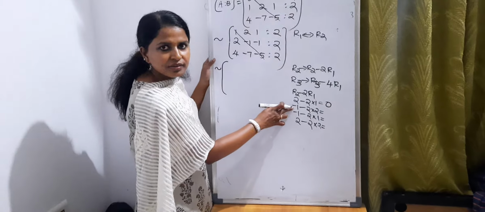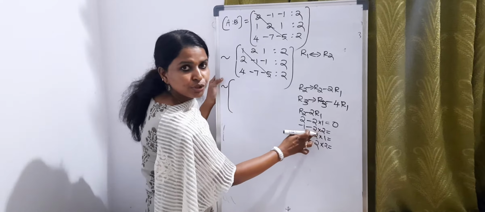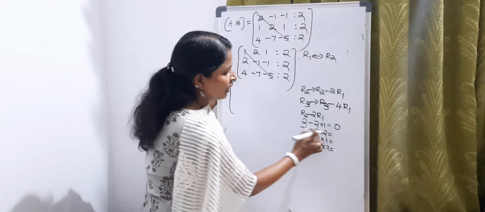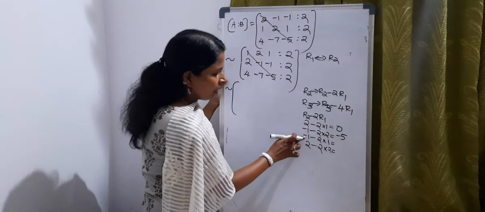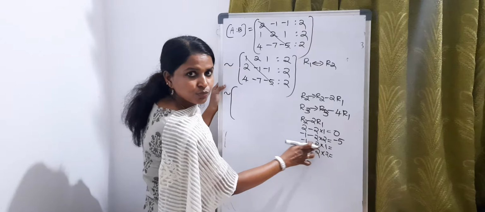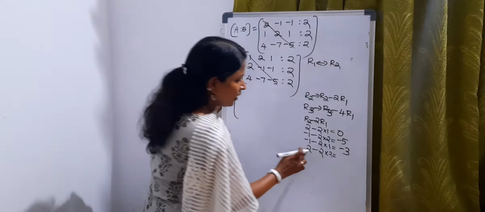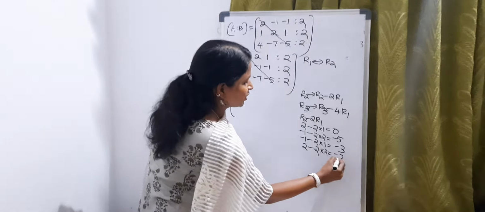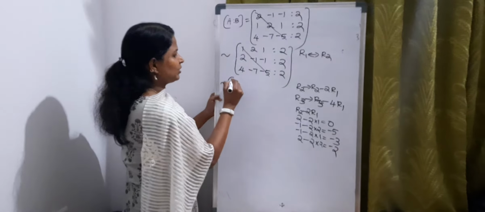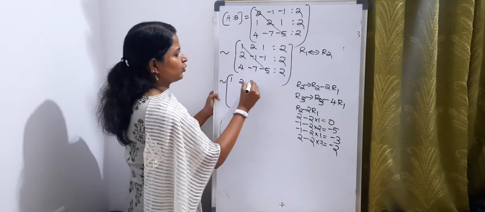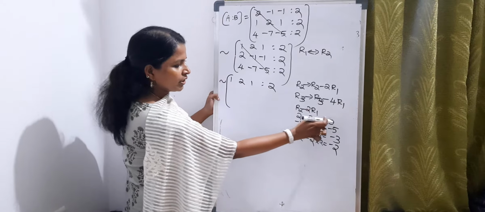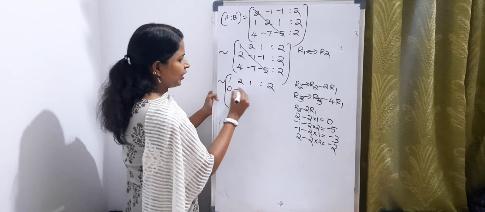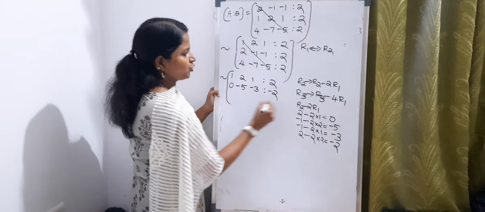Then minus 1 minus 2 into 2, minus 4, is minus 5. Here minus 1 minus 2 is minus 3. Then 2 minus 2 into 2, 4, which is minus 2. The first row stays the same, 1, 2, 1, 2. The second row is 0, minus 5, minus 3, minus 2.